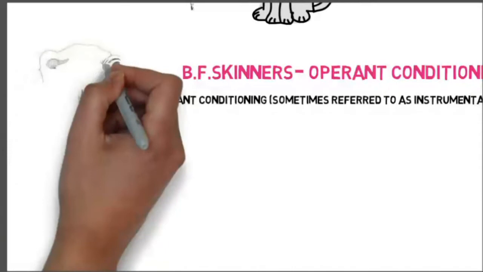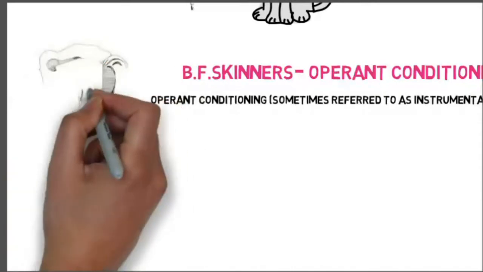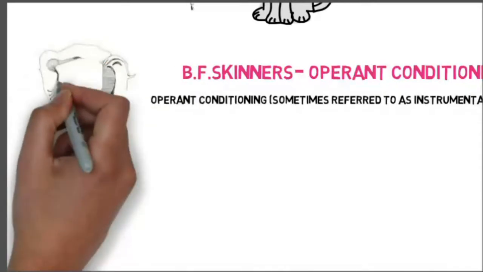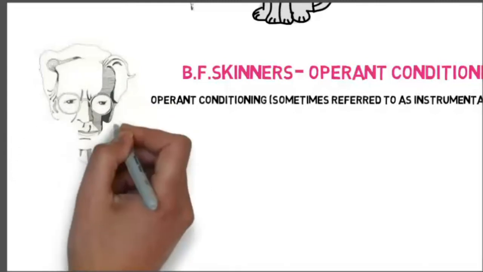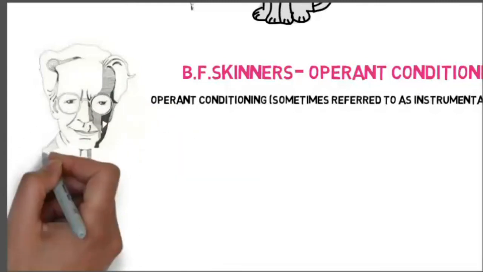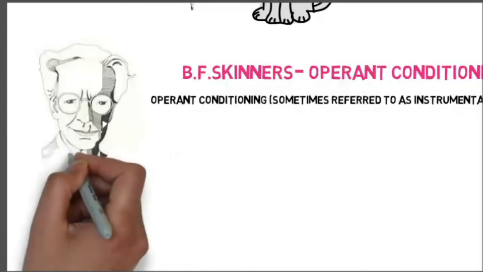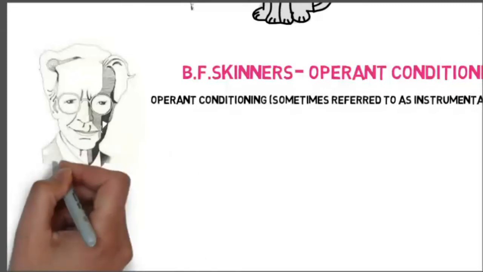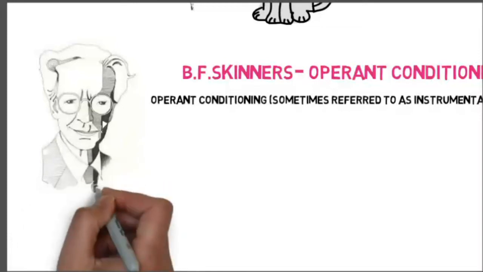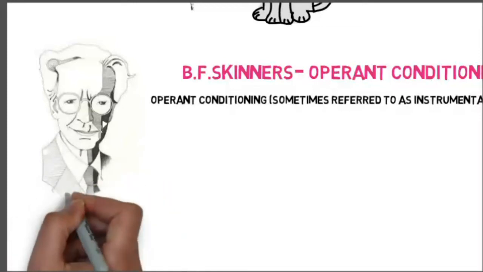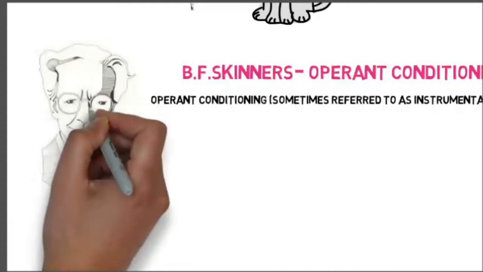Skinner used the term operant to refer to an active behavior that operates upon the environment to generate consequences. In other words, Skinner's theory explained how we acquire the range of learned behaviors we exhibit each and every day.